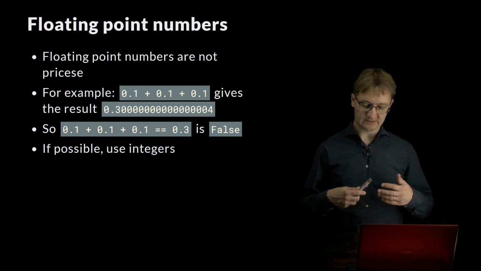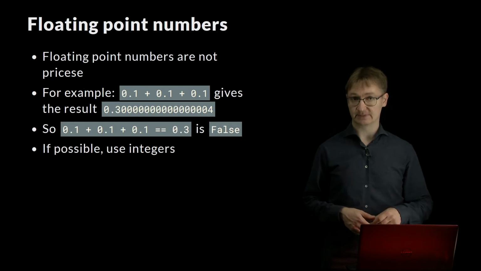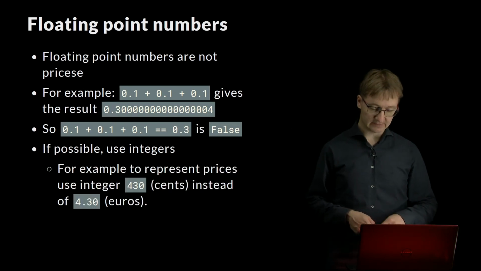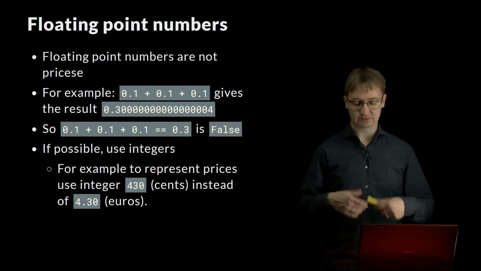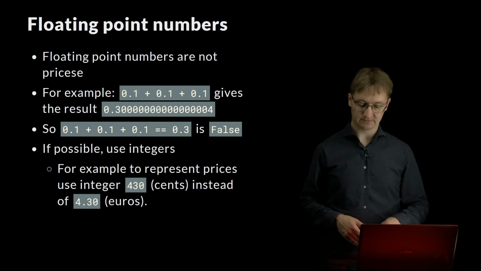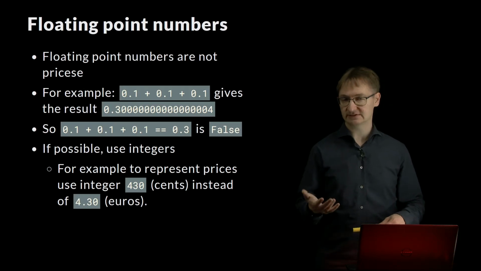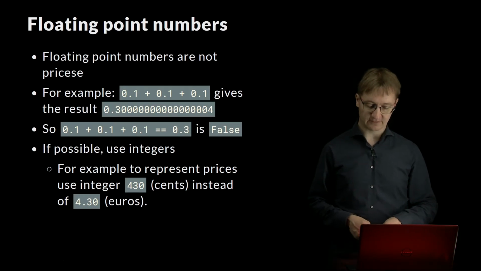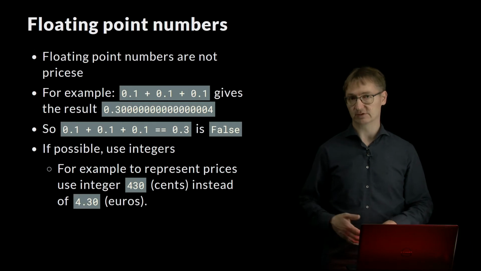So if it's possible, use integers. For example, if we want to represent price in our program, we could use an integer to represent cents, instead of representing euros and using floating point numbers.